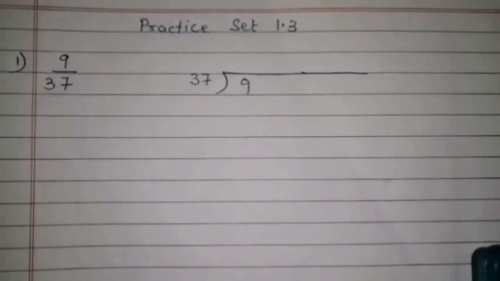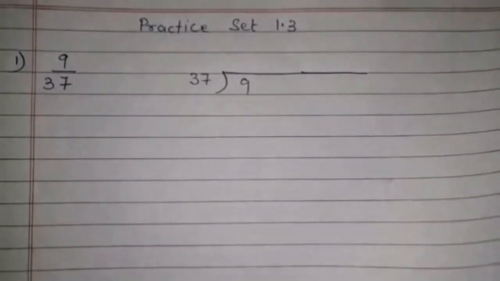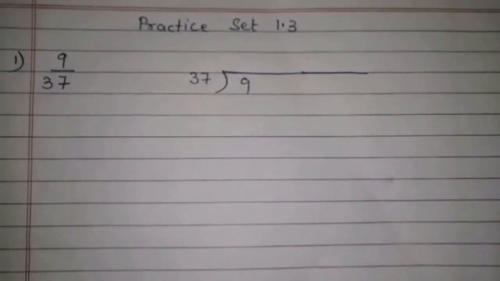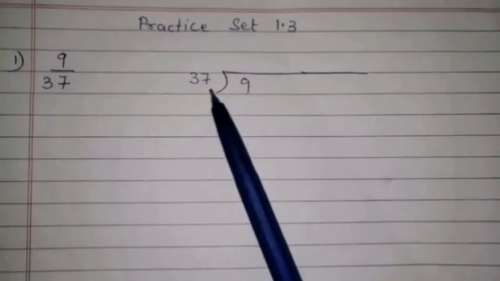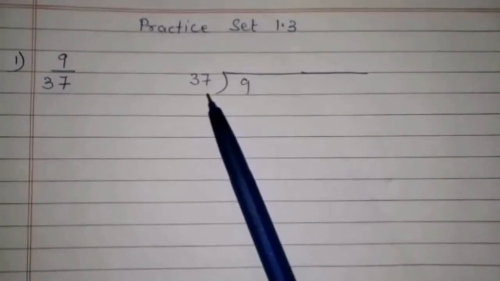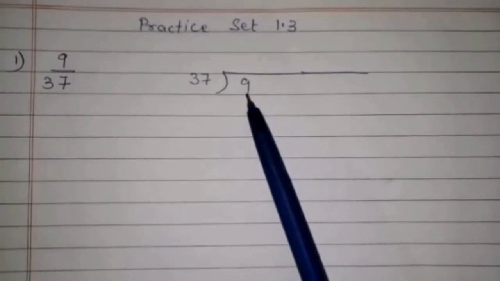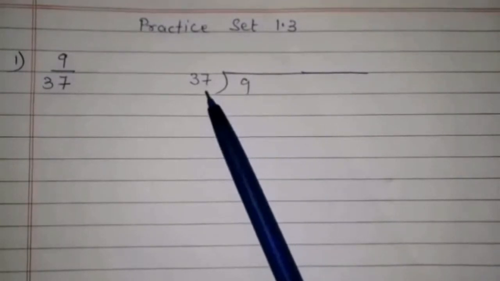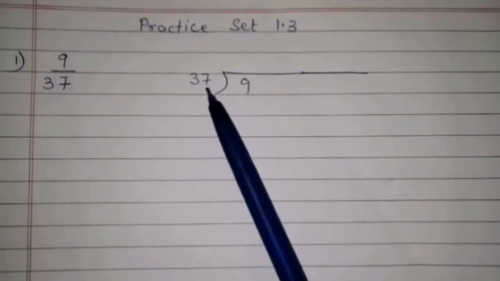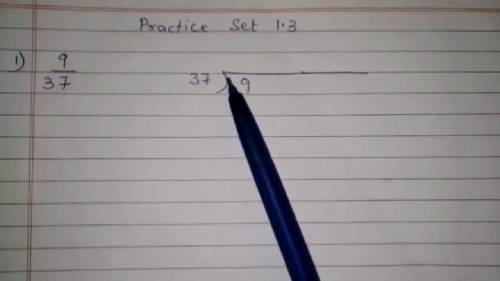Practice set 1.3. First sum is, you can see the rational number 9 upon 37, which you have to write in decimal form. So for that we will carry out division. 37 is the denominator, so by that we will divide 9. 9 is smaller than 37, so 37 will go 0 times in 9.